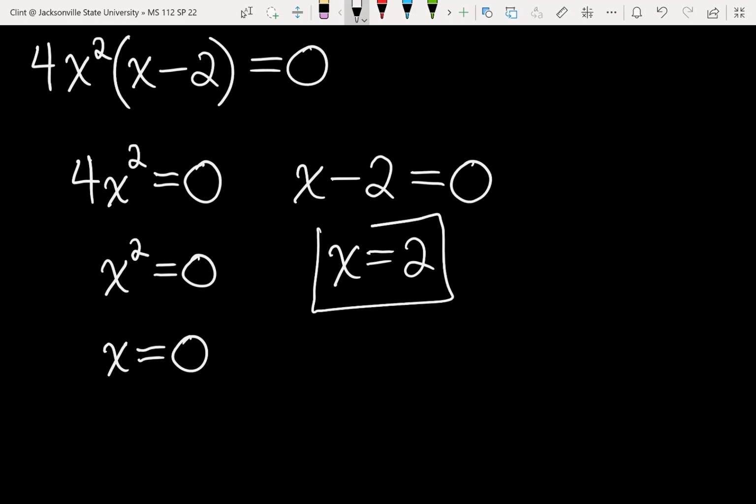We get 2 solutions. Not bad. They can look kind of scary when you first see them, but all the ones we're going to see work with the same kind of method: factor and set each factor equal to 0.